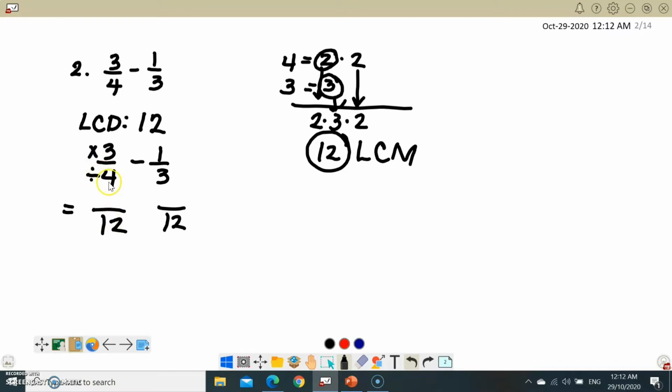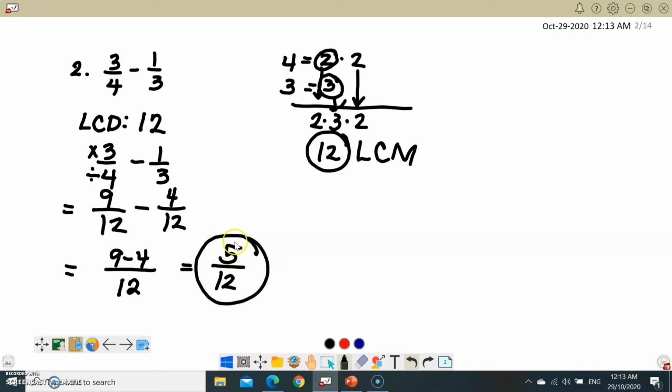So 12 divided by 4 is 3 times 3 is equal to 9. 12 divided by 3 is 4 times 1 is equal to 4. Don't forget the operation, so minus. Then we now have 9 minus 4 over, copy common denominator, 12. 9 minus 4 is equal to 5 over 12. Are there common factors of 5 and 12? No more. Therefore, we now have 5 over 12 as the difference.